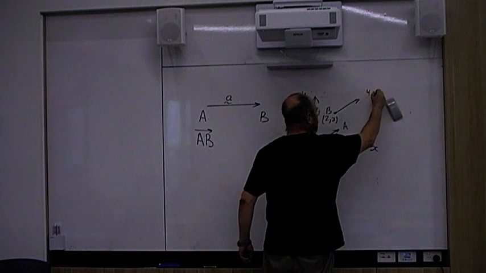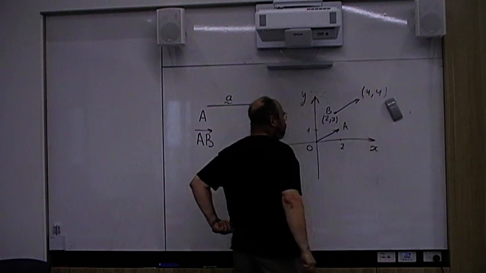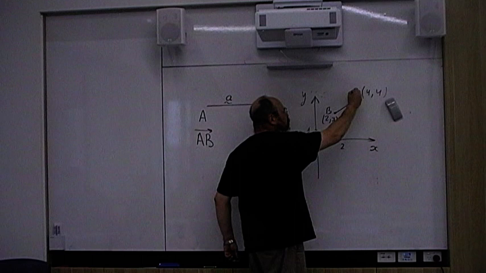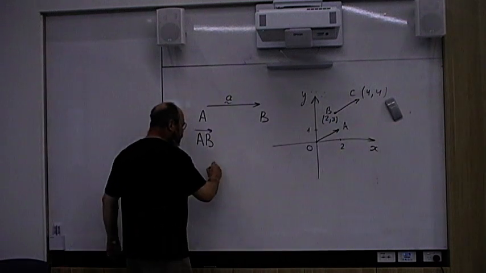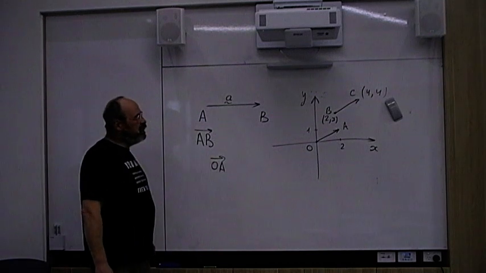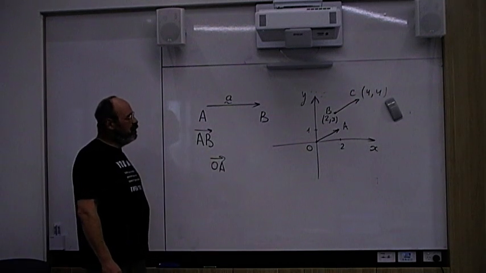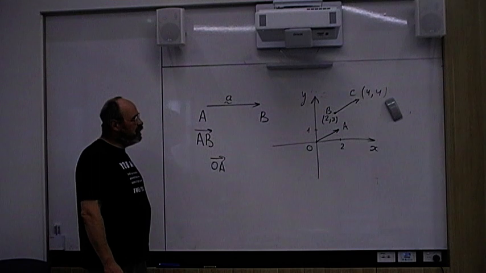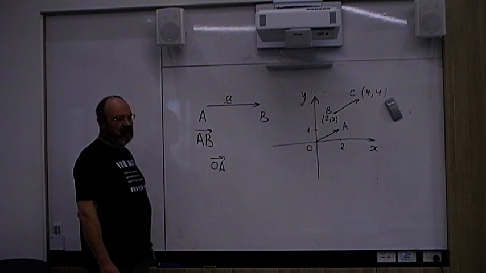So this point 4, 4, we will call C. The vector OA and the vector BC, as you can see, have exactly the same length and the same direction.